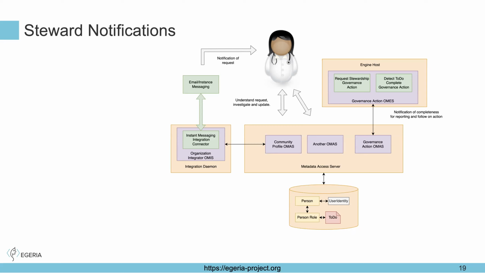And maybe it's an email or a message with a clickable link that takes you through to the page that needs an approval and update. The results of that push back into Egeria and the process completes. So this is really, again, pushing out, but to talk to a human rather than to update metadata in another system.